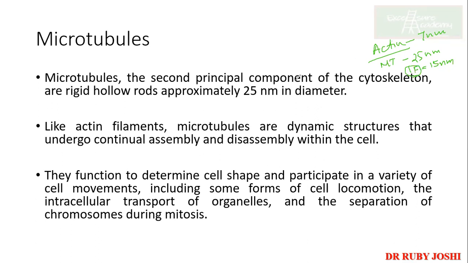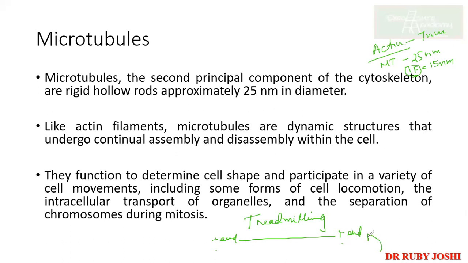Like actin filaments, microtubules are dynamic structures which undergo continuous assembly and disassembly within the cell. If you remember, in the case of the actin filaments, there was something called actin treadmilling. It just meant that here you have got the minus end and here the plus end. In the same way, microtubules also have the plus end and the minus end.